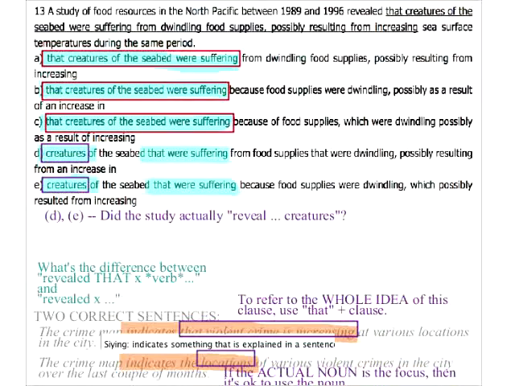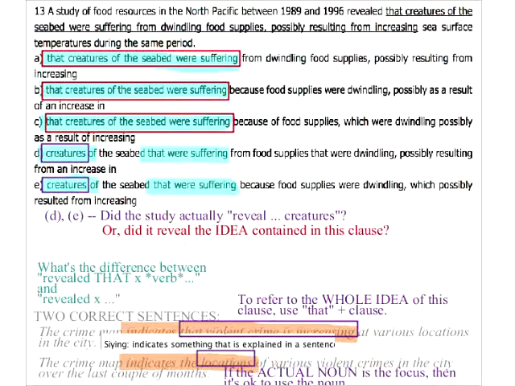The question you have to ask yourself, like a lot of other things tested on this exam, is a question of meaning. Is the meaning of the sentence the noun, or is the meaning of the sentence the whole idea of that red part? So did it actually reveal creatures, or did it reveal the idea contained in this clause?